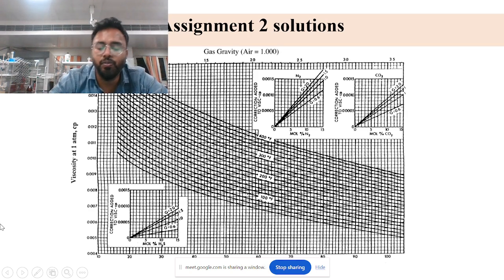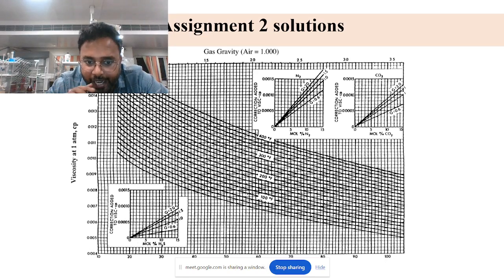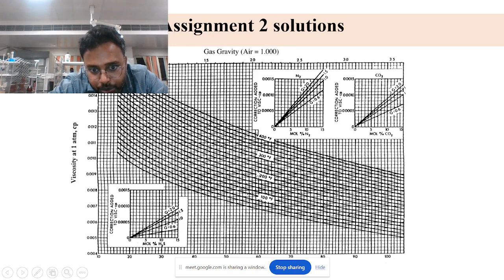You go straight up to this temperature. You can see the 200 temperature line. After 200, the next line is 220, then the next line is for 240.